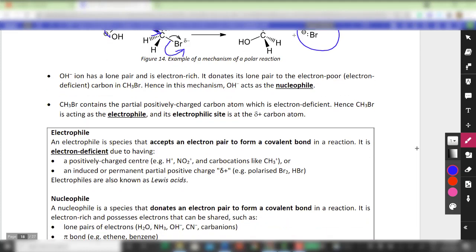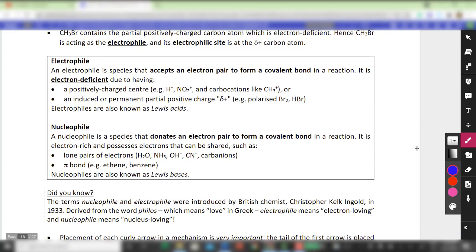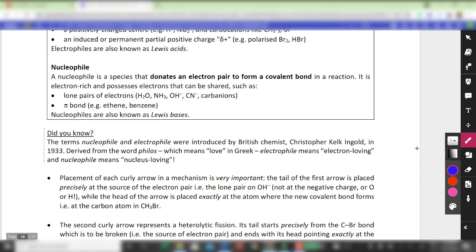There's a definition of electrophile and nucleophile here, so I'll leave it to you to look through them. Basically, an electrophile will tend to accept an electron pair to form a new covalent bond. A nucleophile will tend to donate the electron pair in order to form a covalent bond. Nucleophile and electrophile are just terminology that is frequently used in organic reactions.